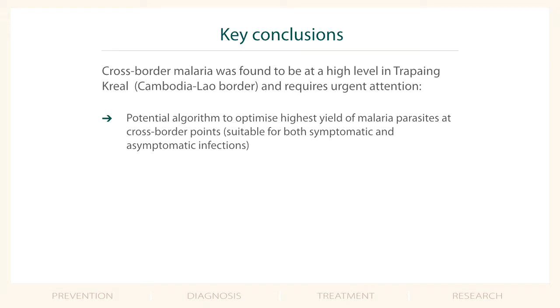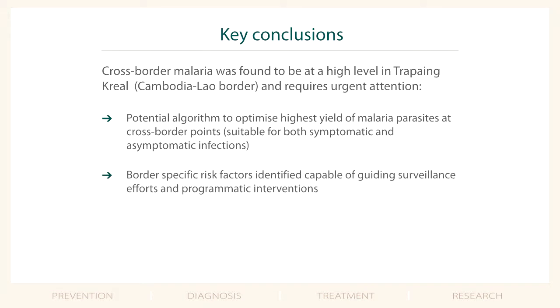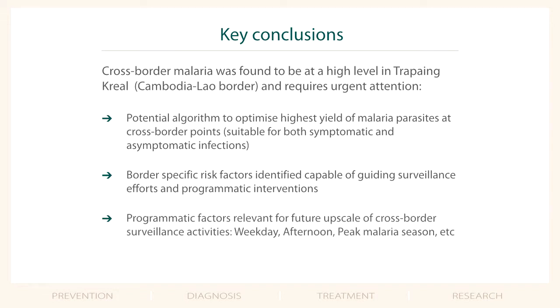This can also be combined with targeted programmatic and BCC initiatives. And finally, the risk factors do potentially offer a chance for any upscale of activities, so in the weekdays, the afternoons, and at peak malaria seasons.